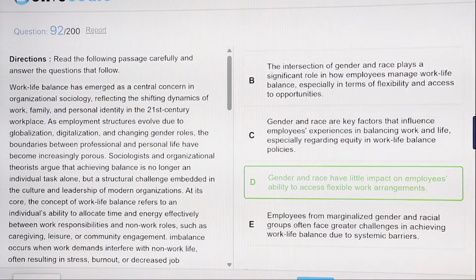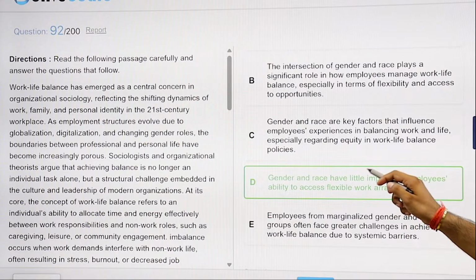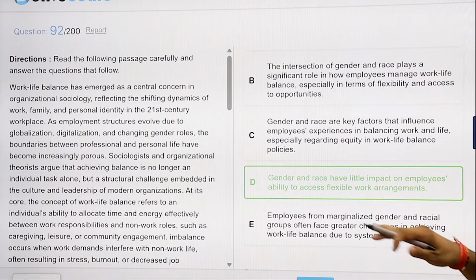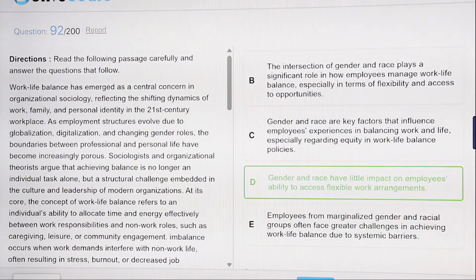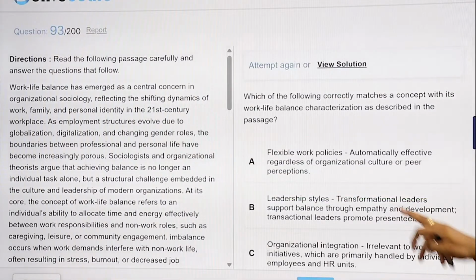Do you need to check the others? No. The first is saying the same, they play an important role, they play an important role, they play an important role, they play no role. Negligible, remember, is always negative in sense. The whole passage is highlighting gender and race apart from wages. So we can't say it has no impact.